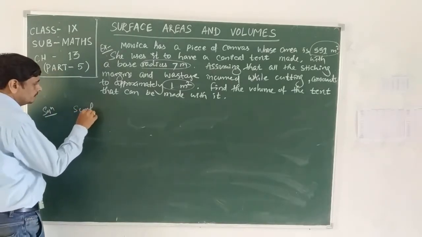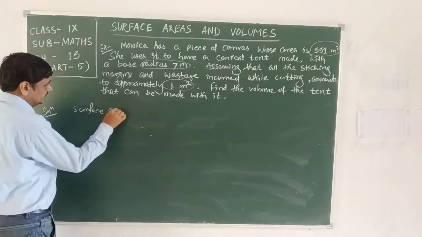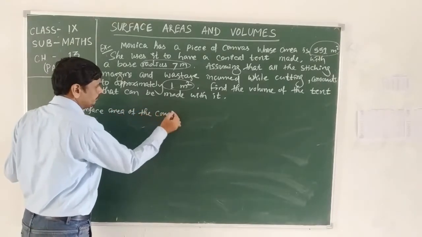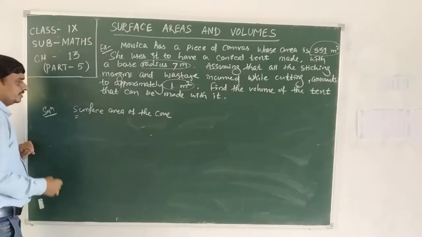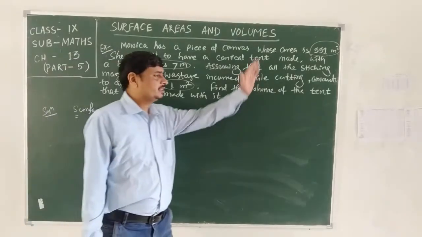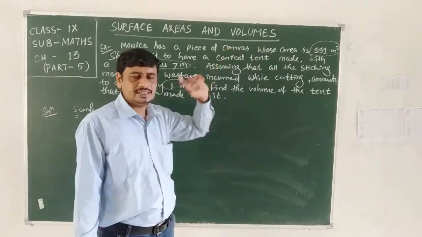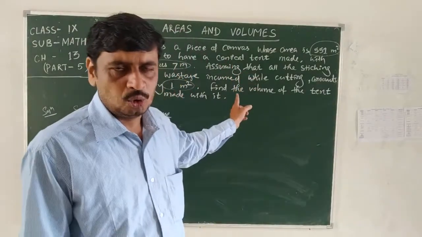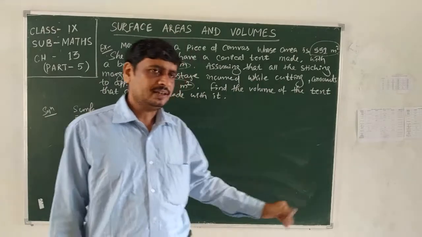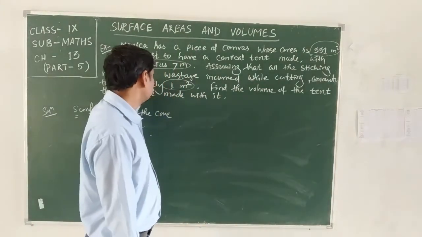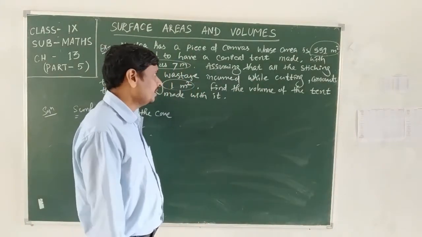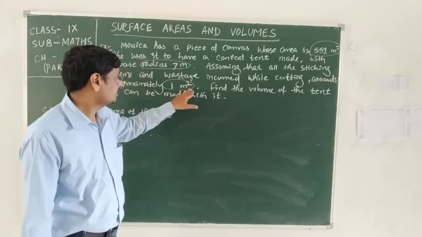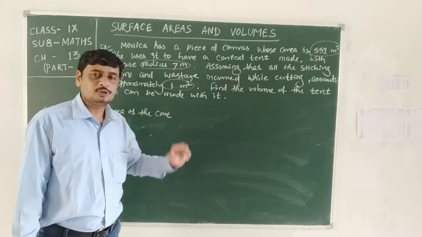That is, the surface area of the cone is equal to the total area of the canvas taken to make the cone, from which the waste by stitching, margin, cutting, etc., which is 1 meter square, should be subtracted.